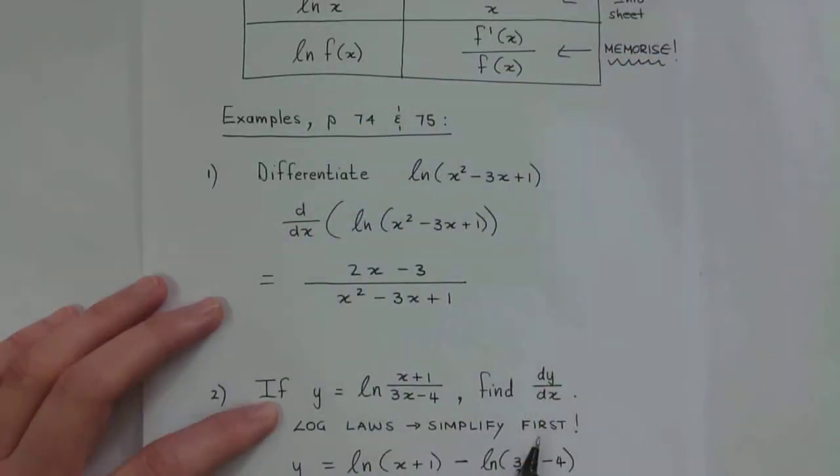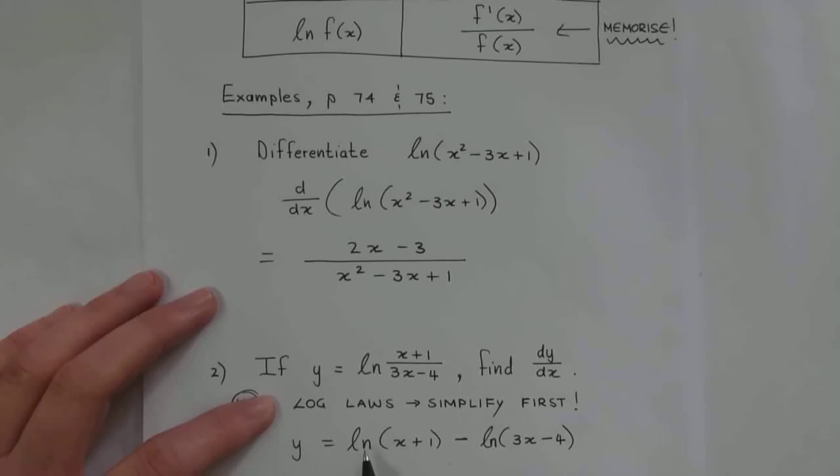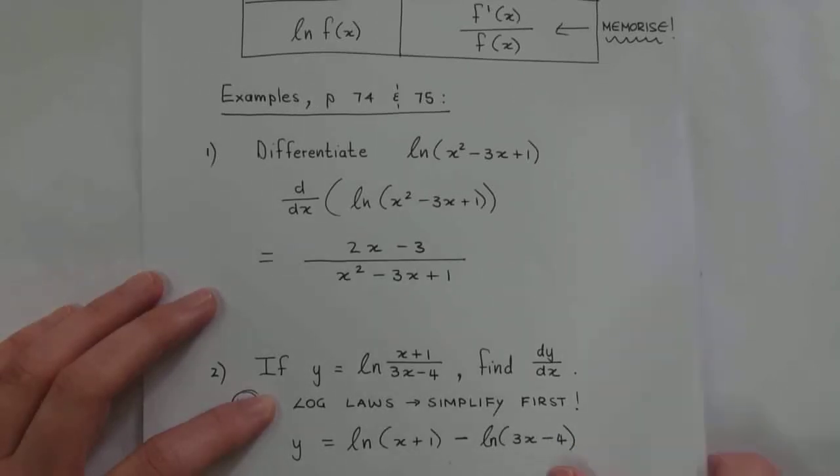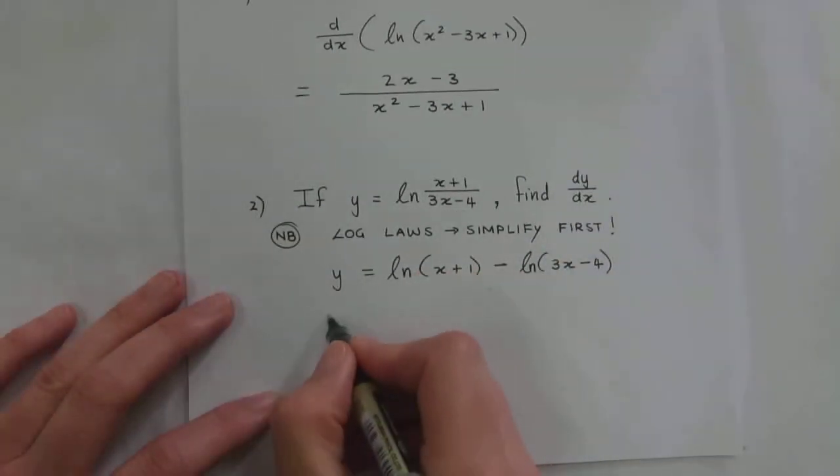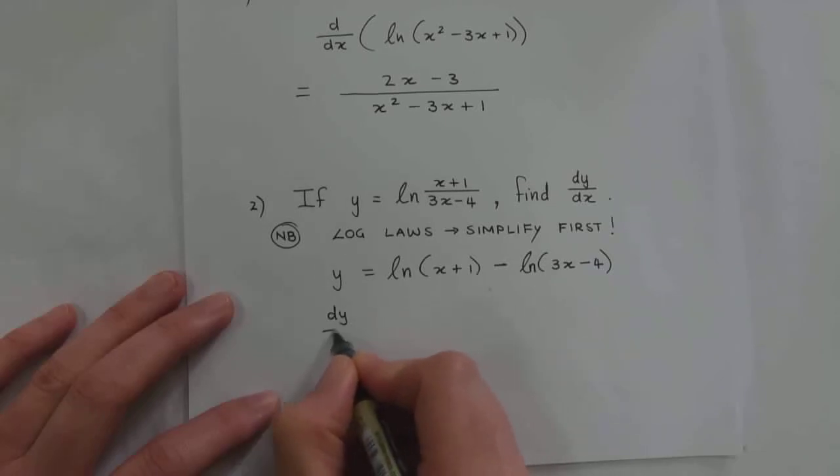Because now I can go back to this little deduction over there, where I can separately find the derivative of these two: the derivative of the inside function divided by that function, minus the derivative of that inside function divided by that function. So I can now write dy over dx, because I'm ready to find my derivative.